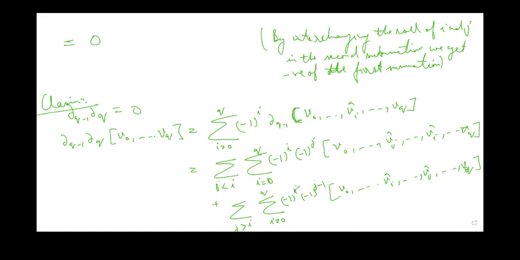Here it is minus 1 to the power j, and here minus 1 to the power j minus 1. So there is a difference of a minus sign between the two, so they will cancel. So we will have actually 0. That is, this is true.